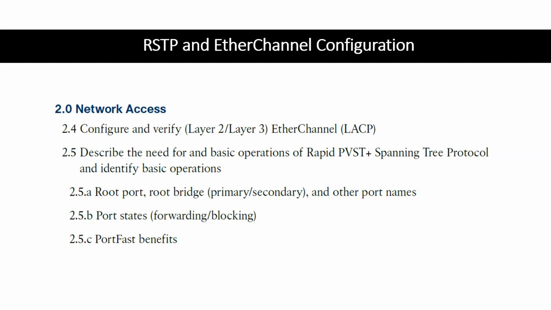We also have 2.5.a: understand the root port, what the root bridge is, primary and secondary, and other port names. 2.5.b: we're going to go over port states, as far as forwarding and blocking. And of course, 2.5.c: PortFast benefits.